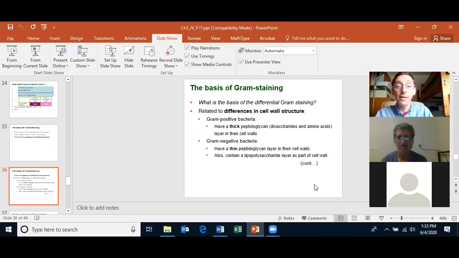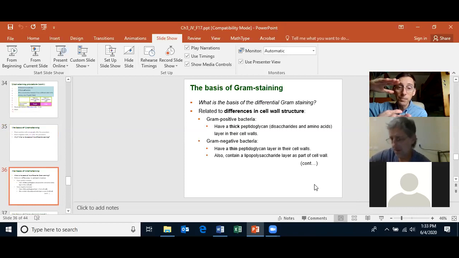The differences are related to the differences in the cell wall. The cell walls in the cells have a different structure. The gram-positive bacteria have a thick peptidoglycan layer in their cell wall, and the gram-negative cell wall is much thinner.